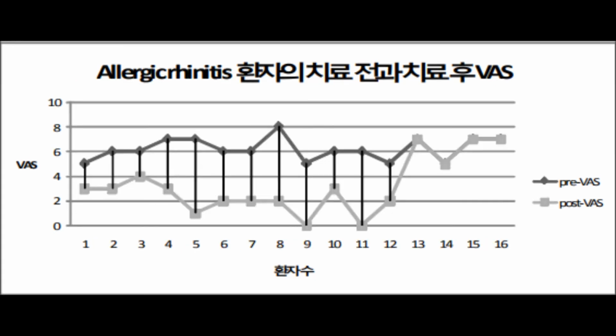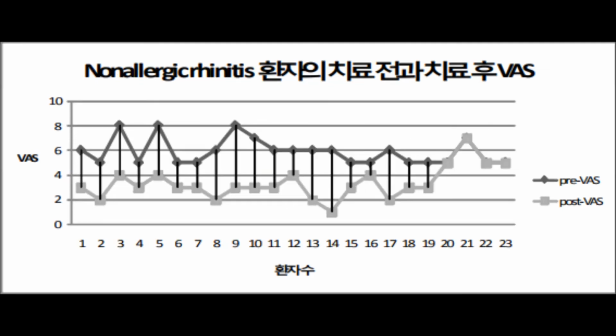Before treatment in the 16 allergic rhinitis patients, the average VAS was 6.19, and the average VAS after treatment was 3.19, and the VAS improved in 12 patients.